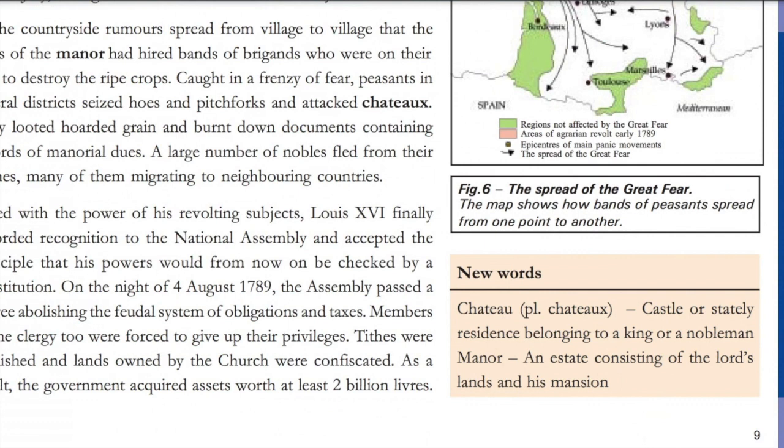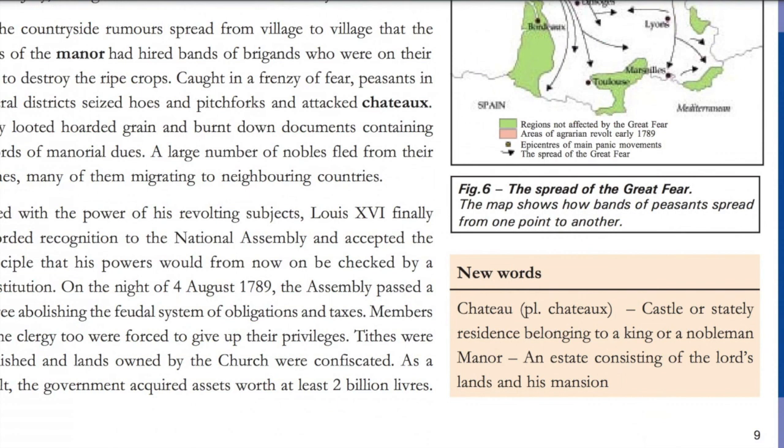And after that, on 4th August 1789, the feudal system was abolished, so no more old regime, and the society and institutions which were created before, whatever was created, all that got destroyed.